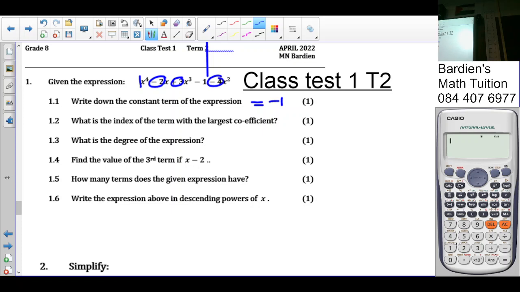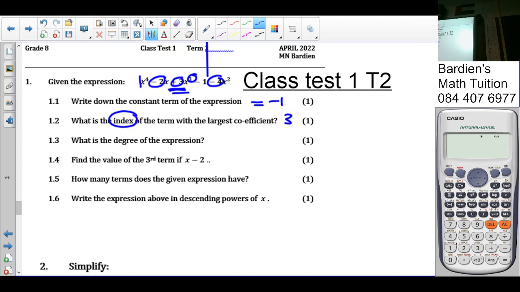Okay? So, the question is, which term has the largest coefficient? 3x to the power 3. That term has the largest coefficient. But what's the question? What is the index? So what is the index here? 3. So the answer should have been 3.